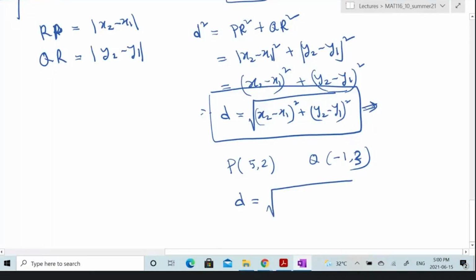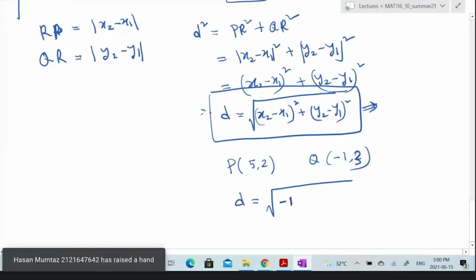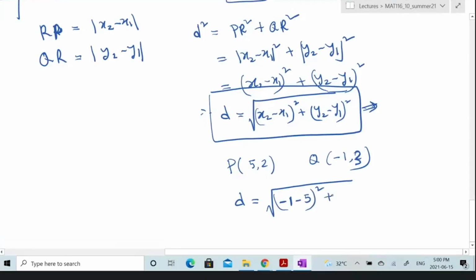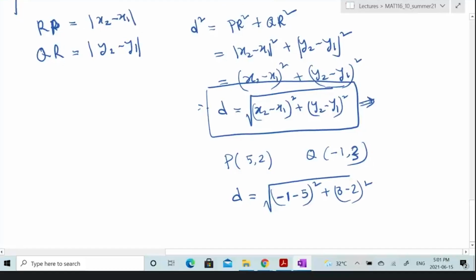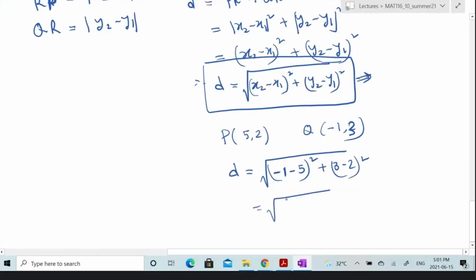Root over 37. Yes, so it's going to be minus 1 minus 5 squared plus 3 minus 2 squared. That tells us it's going to be 6 squared, so 36, plus 1. So root over 37. That's the answer.